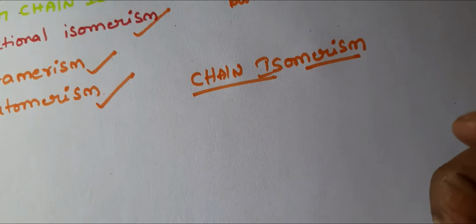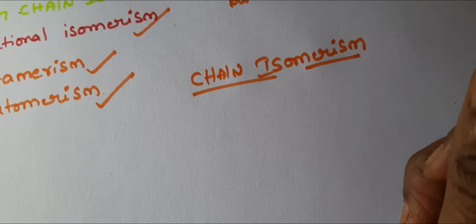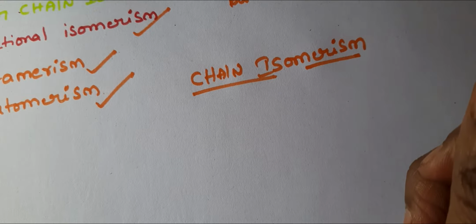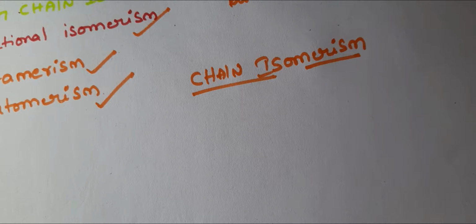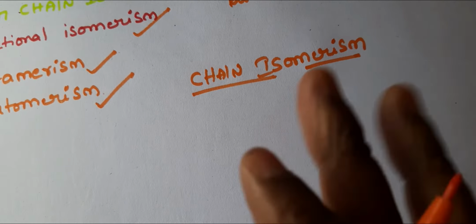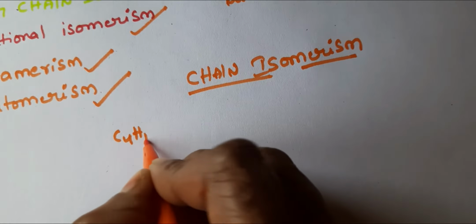Chain isomerism shows up due to the difference in the arrangement of carbon atoms constituting the chain. Suppose we take one molecule, C4H10.